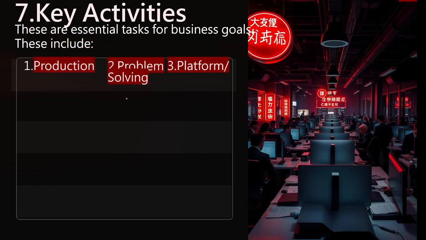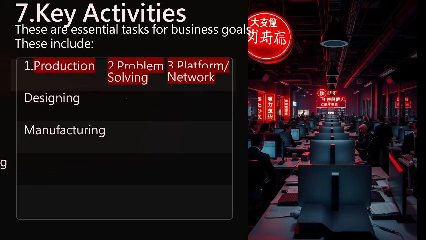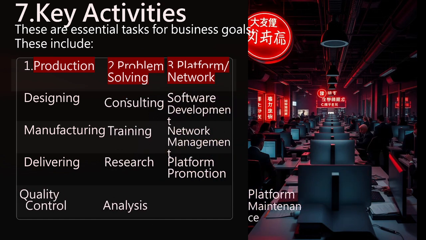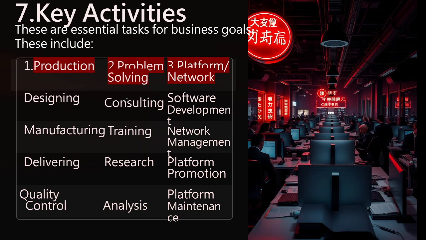Key activities. These are the essential tasks for the business goals. They include production, problem solving, platform, and network. These are the three key activities, depending on the business. In production, we have design.